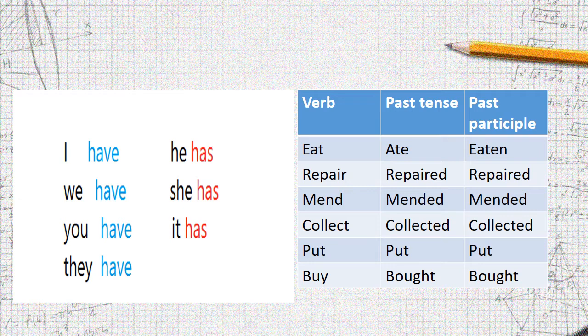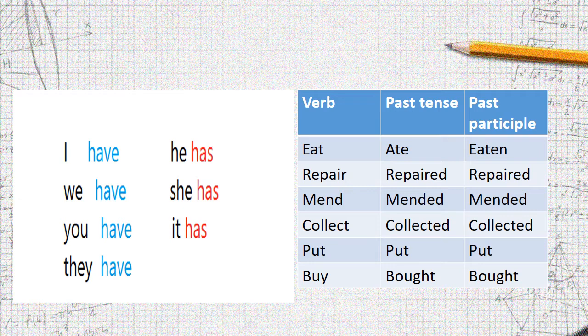These are the verbs which will be useful for the next exercise. Eat. The verb in its pure form is eat. The past tense is ate and the past participle is eaten. For repair, repaired, repaired. Mend, mended, mended. Mend means to repair it, to fix it or to patch it.